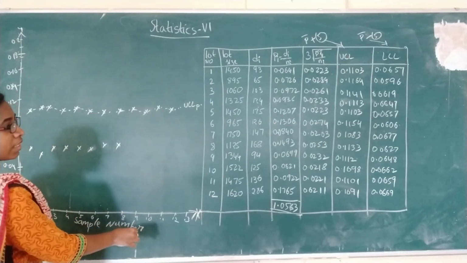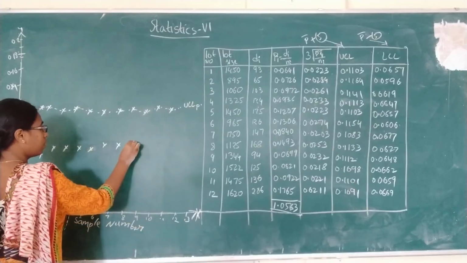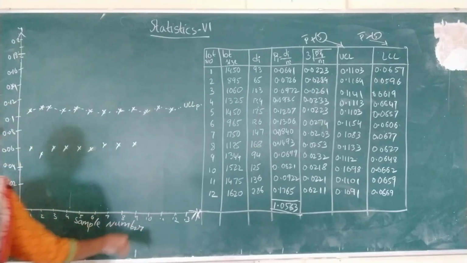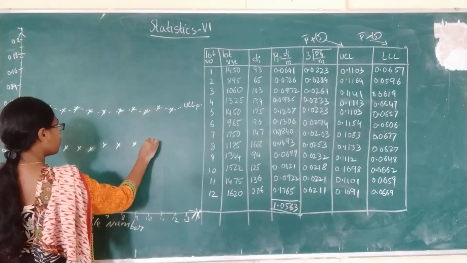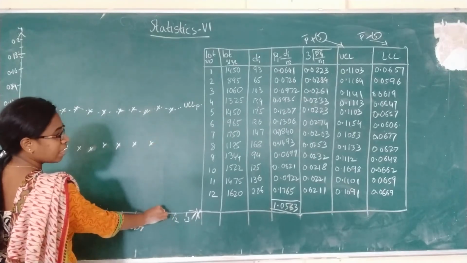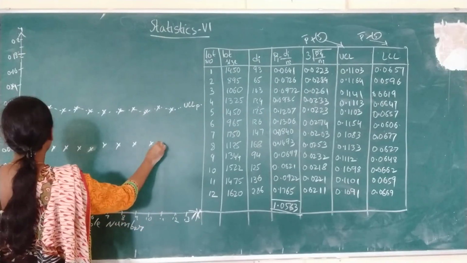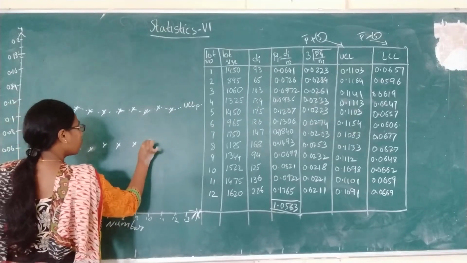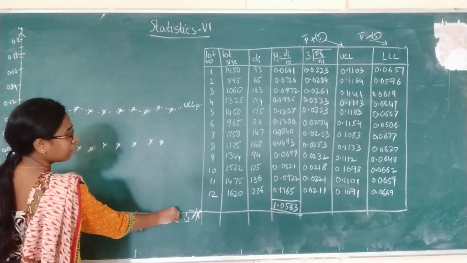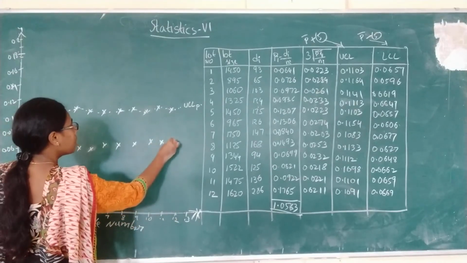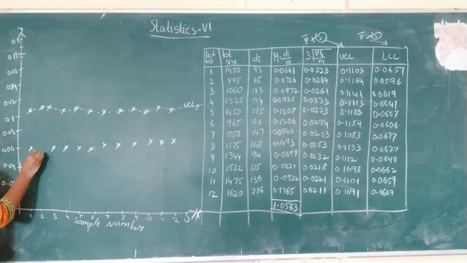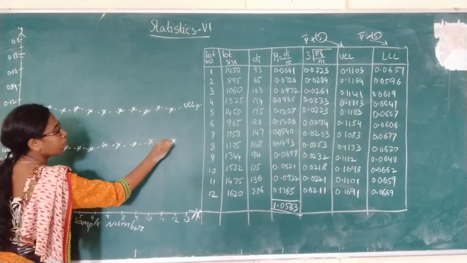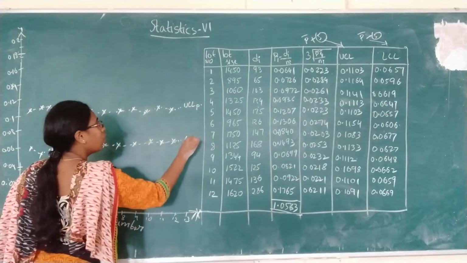Ninth sample is 0.064. Tenth sample is 0.066. Eleventh sample is 0.065. Next, twelfth sample is 0.066. So this is the LCL of the P chart.